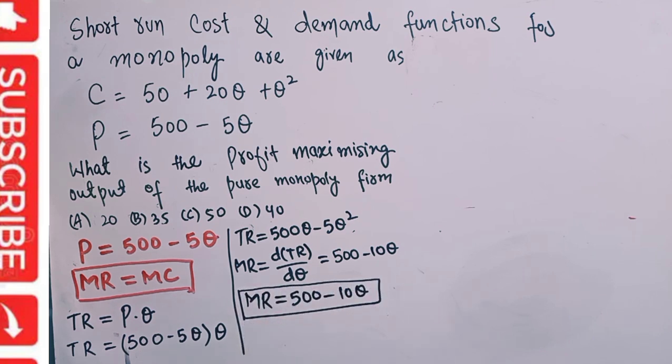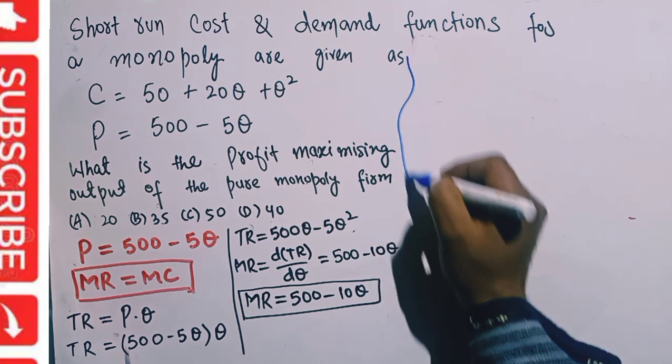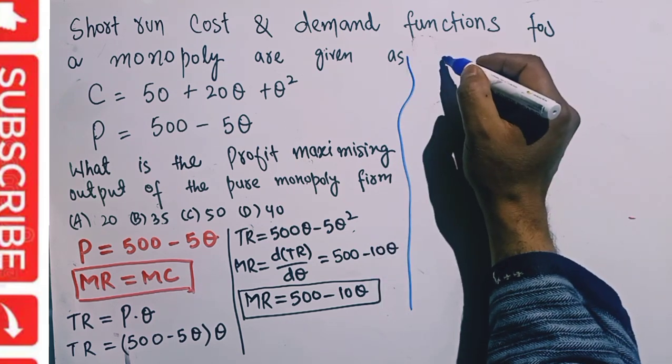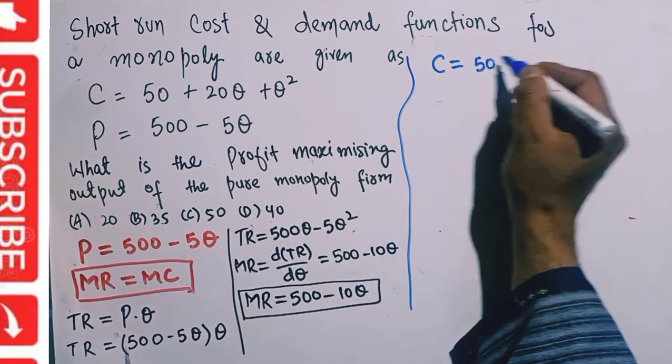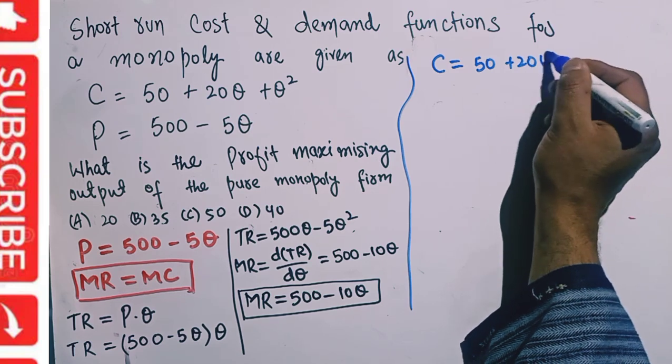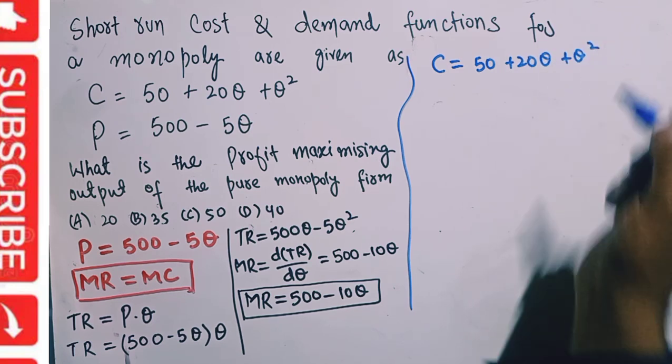Similarly we need to find out the marginal cost. To find out the marginal cost, we should know what is our cost function, that is 50 plus 20q plus q square.